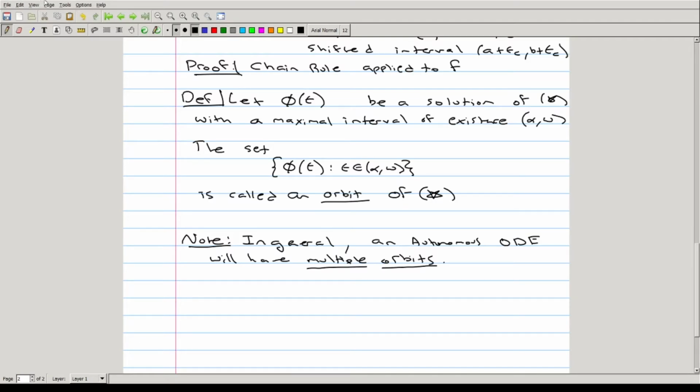So let's look at a couple of examples to see what an orbit of a differential equation looks like. For the Malthus differential equation, or the exponential growth differential equation, recall that this is a population model, and when we non-dimensionalize, we take y equals population over the maximum population, and tau is equal to r times t.